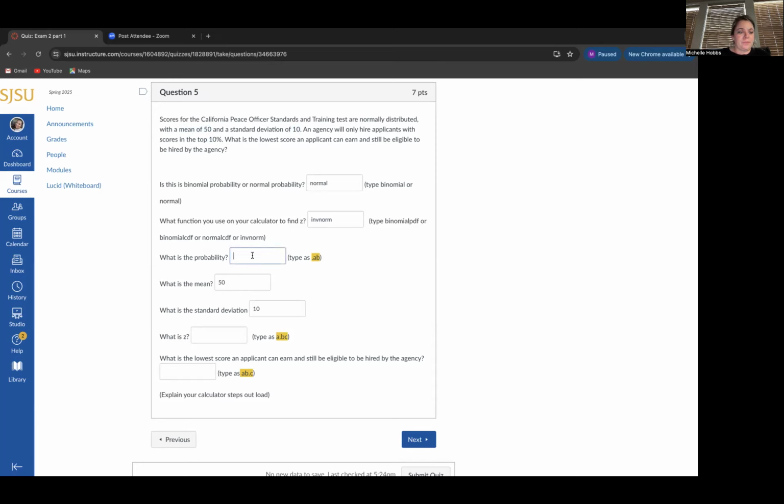And then, what is the probability? 10. The probability is going to be, I think the probability is this 10%, but put into a decimal.